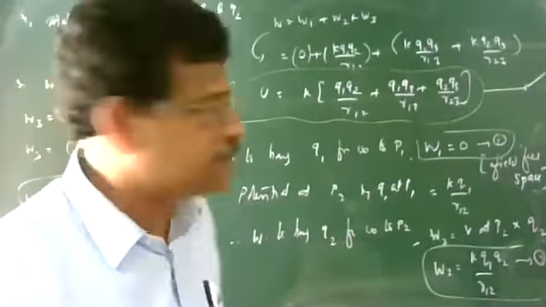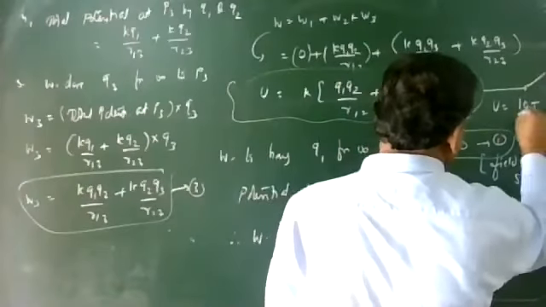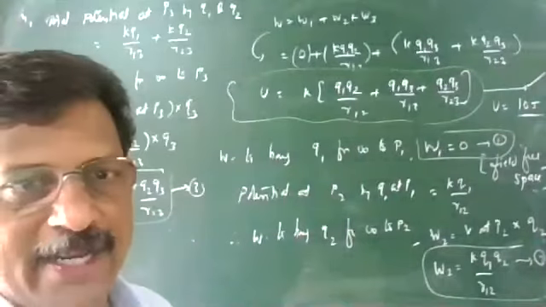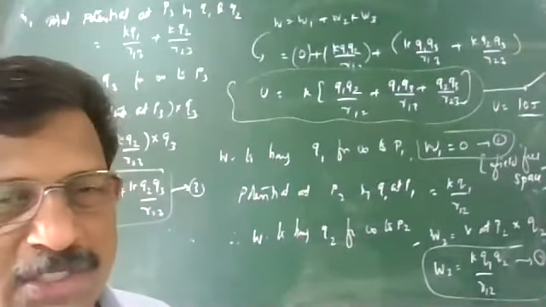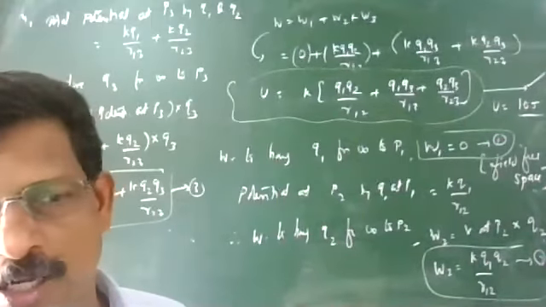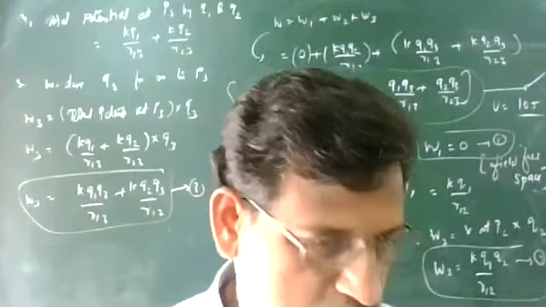Suppose this work done, this potential energy, is 10 joule, to arrange them in the particular location. So tell me, now you are already sitting at P1, P2, P3. To take them back, what is the amount of work required? What is the amount of work done to dissociate them? It was a good question.